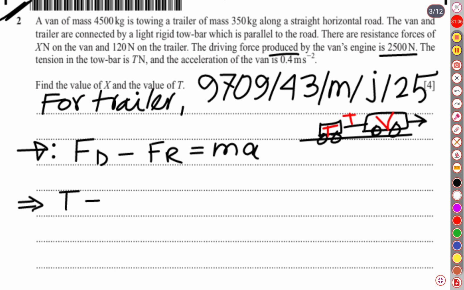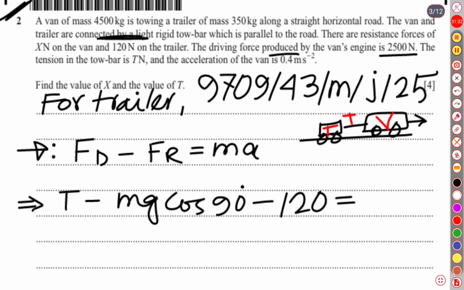And resistance to motion is nothing but the weight. First of all, weight is what? Mg cos 90 degree, or you may say sine 0 degree, minus on the trailer there is one more frictional force. Look at this, 120 is the frictional force on the trailer. Mass of trailer is 350 kg, so 350 a.